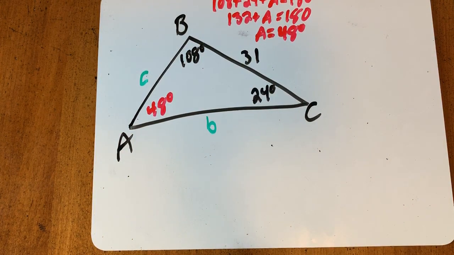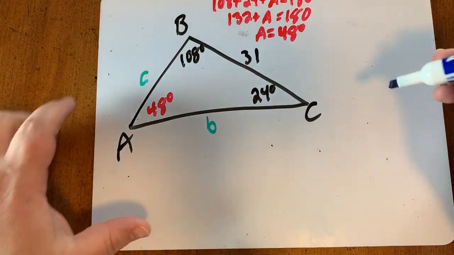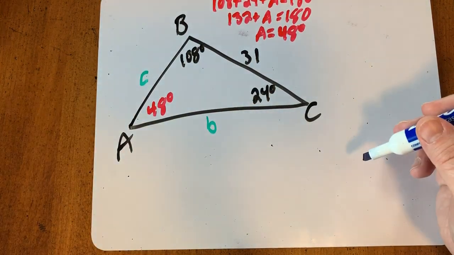All right, so we've got our angle. And now it doesn't matter which side we solve for first. We could solve for B or we could solve for C. Last time we solved for B first, let's solve for C first this time.